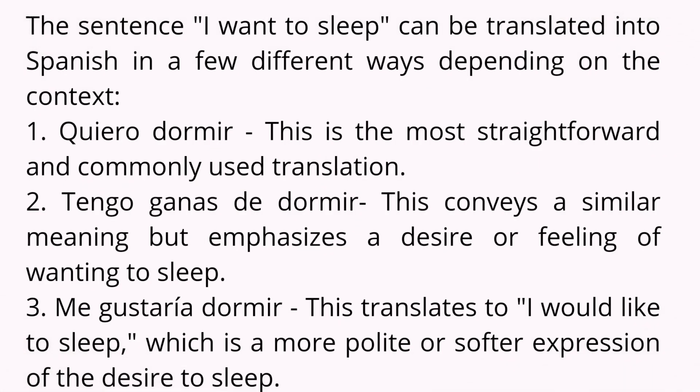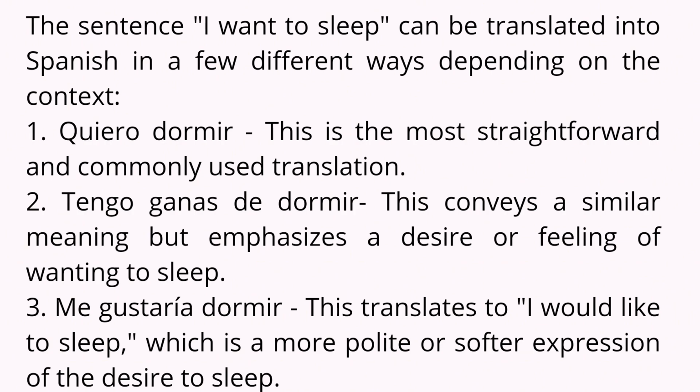Now, let's see another example. The sentence "I want to sleep" can be translated into Spanish in a few different ways depending on the context. The first is "quiero dormir." This sentence is the most straightforward and commonly used translation. The second one is "tengo ganas de dormir."